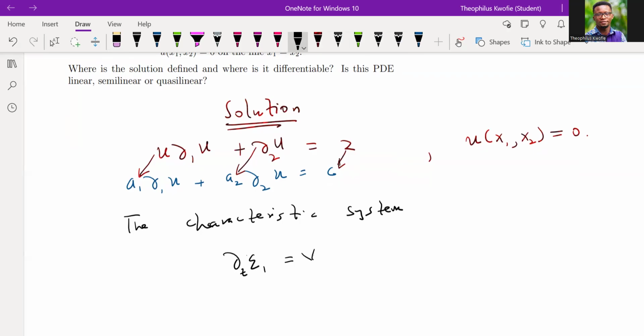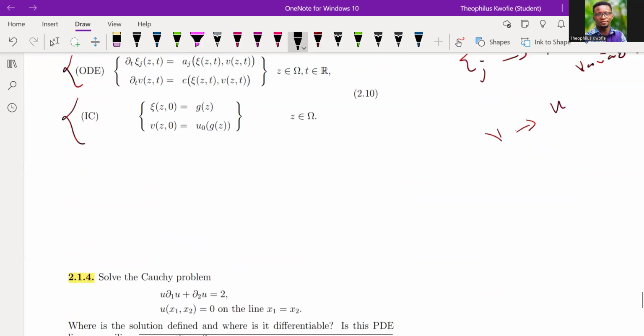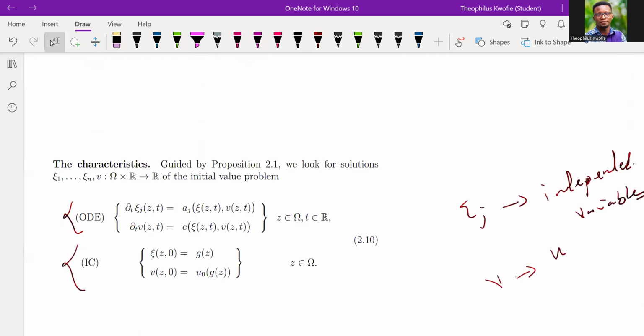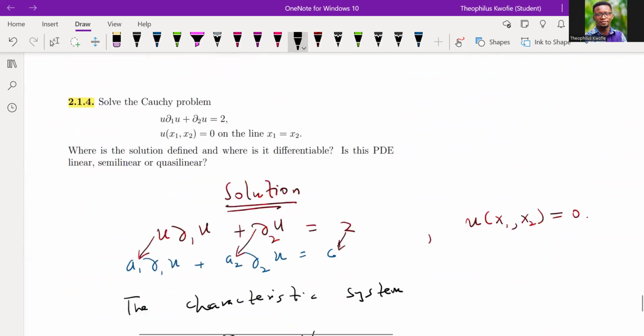And what is your partial of xi2 with respect to t? Remember, xi over here is made up of two variables, which are z and t, and that is why we are using the partial.